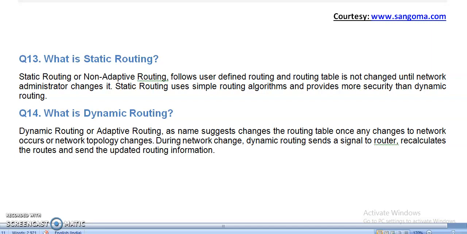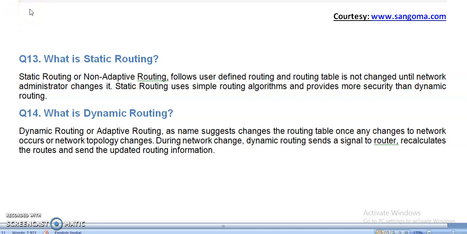Static routing uses a simple routing algorithm and provides more security than dynamic routing because no changes can be done in a static routing. Whereas dynamic routing, or adaptive routing, as the name suggests, changes the routing table once there is any change in a network or network topology changes. During a network change, dynamic routing sends a signal to the router, recalculates the routes, and sends the updated routing information.